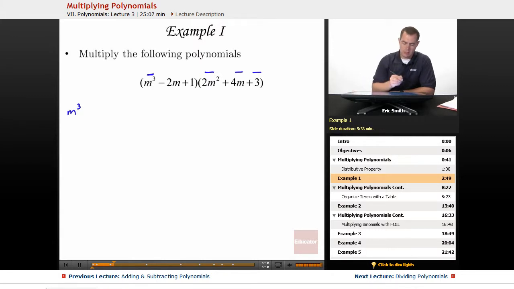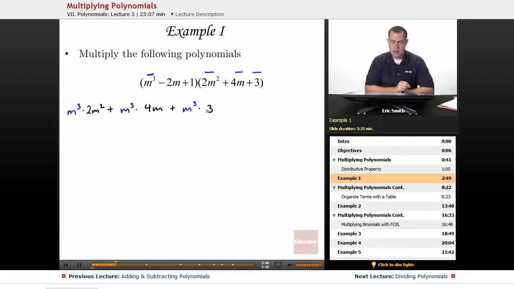So I need to make sure m cubed gets multiplied by 2m squared. Then I'll have m cubed multiplied by 4m. And m cubed multiplied by 3.